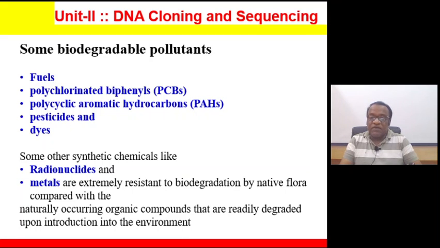And then we have the polycyclic aromatic hydrocarbons. So they are the most important pollutant, and they are widely found in air, soil, and sediments. And the major source of polycyclic aromatic hydrocarbon pollution is the industrial sector, the industrial productions.